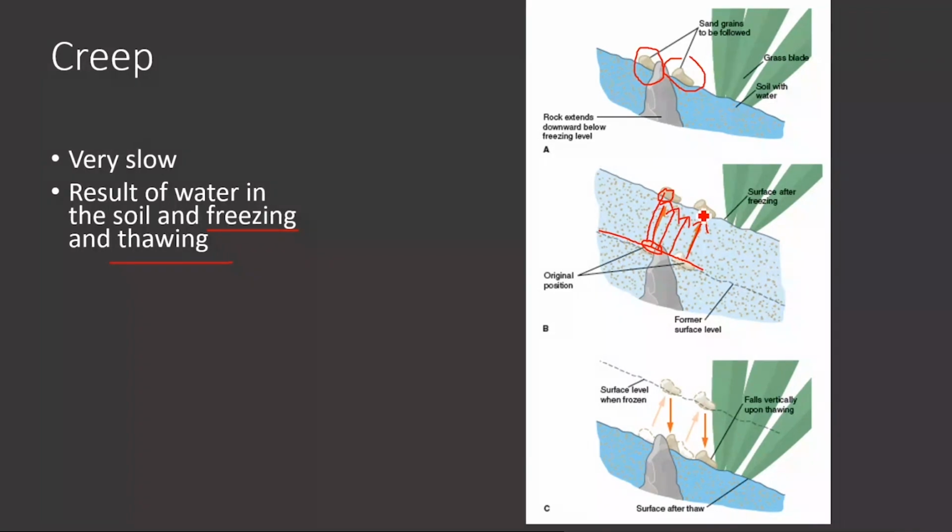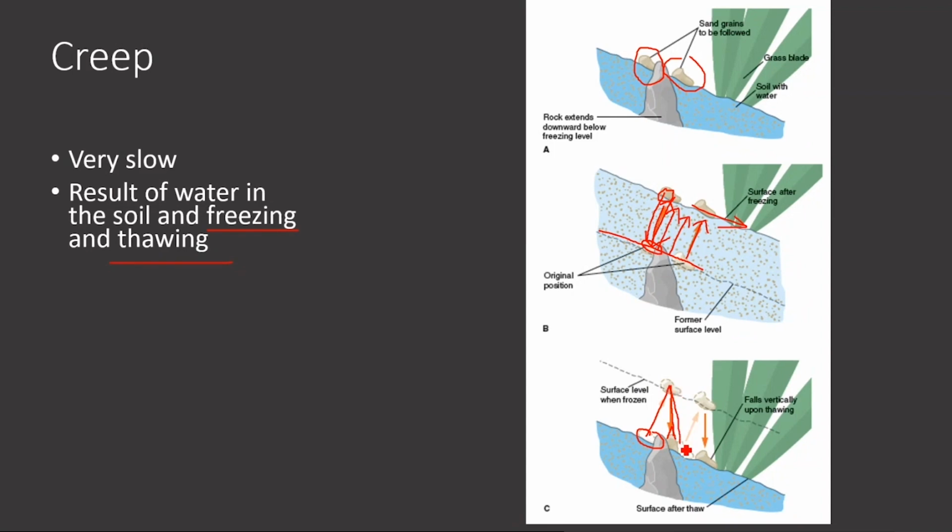Now what happens because of the slope characteristics? The material will not directly go to its original position, rather it will slightly slip to another position. So this is the normal condition, and this is the freeze condition.